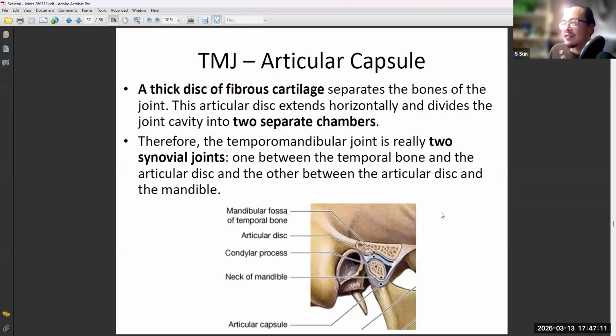So what's the capsule right here? This is the articular capsule. You can see that we cut it through. This is the outer fibrous membrane. It covers the condylar process of the mandible, and also the temporal bone. Here inside you have the fluid, and then you have these two bones.